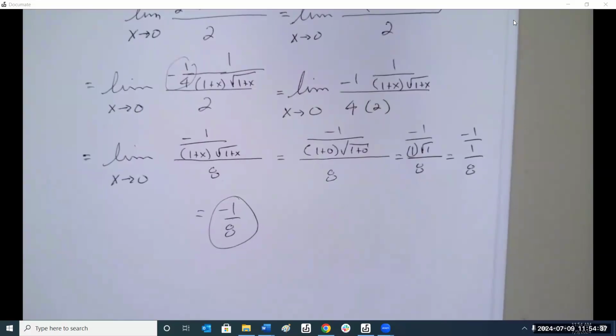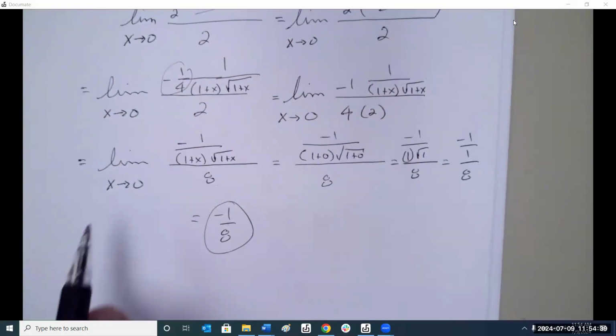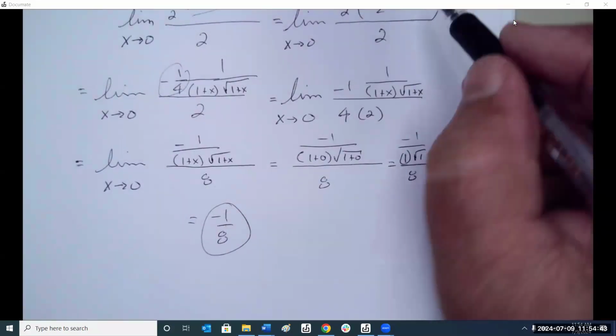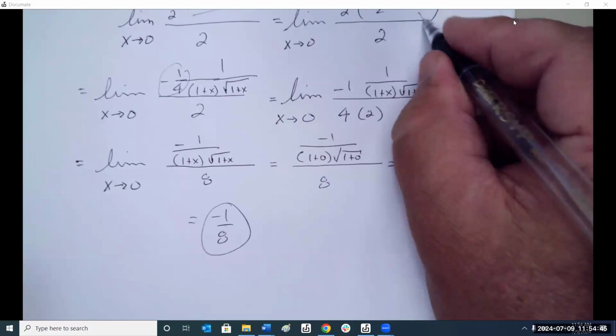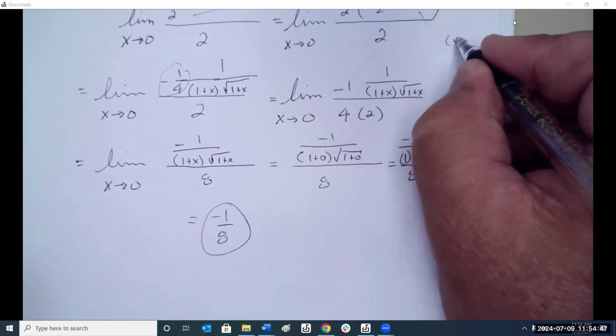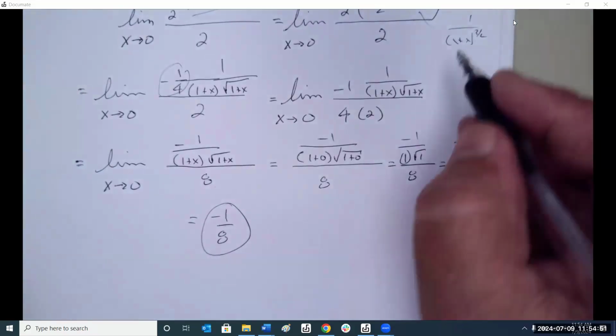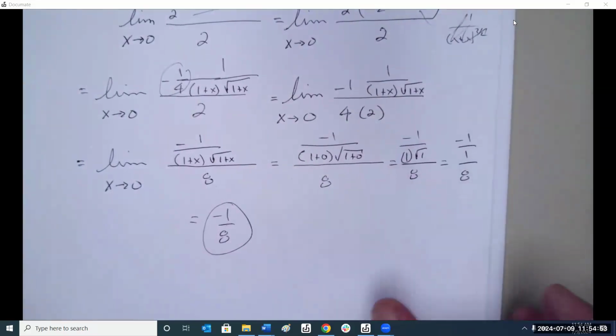It's all algebra. Since we were going to 0, I should have left it as negative and put it on the bottom. I should have made this 1 plus x to the 3/2 on the bottom. Oh well, we just get the same answer.